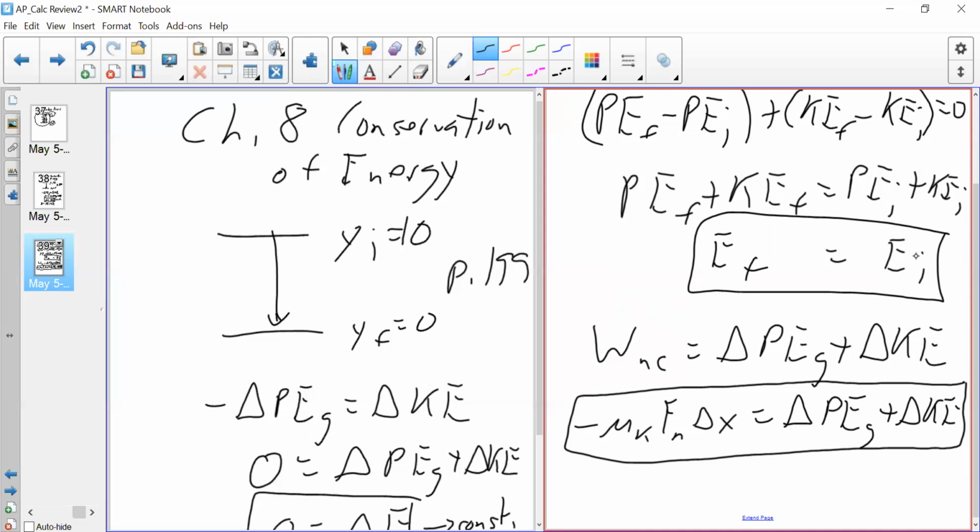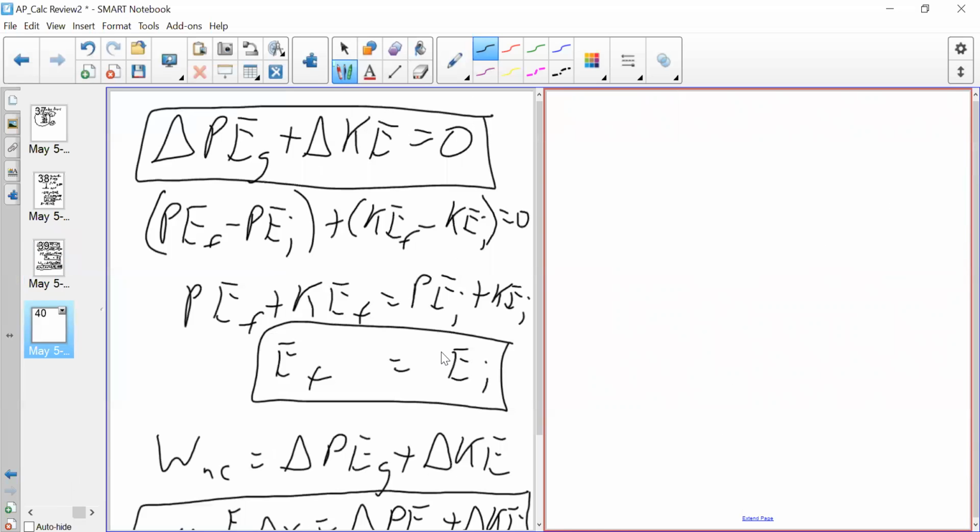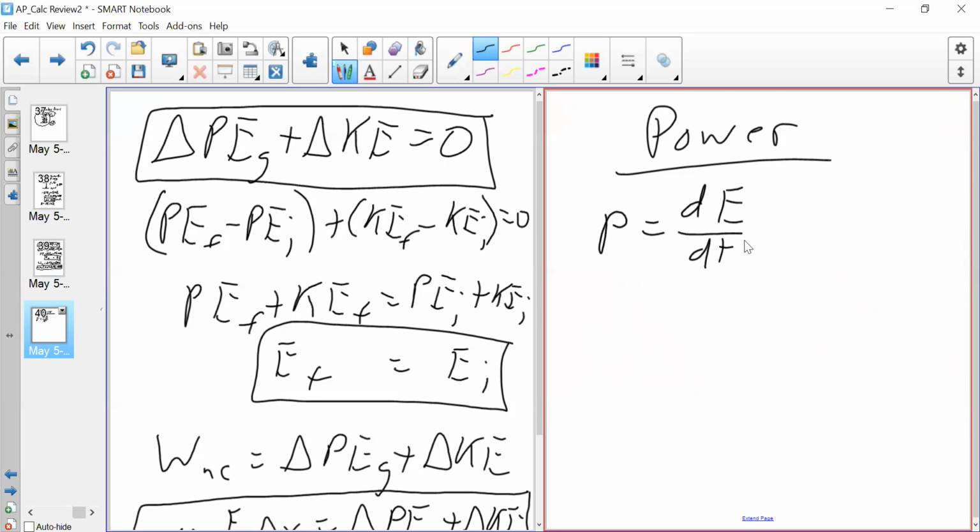And as we wrap up chapter 8, talk about power, which is a rate of change of energy. It's primarily calculus based with dE/dt, which is the same thing as delta E over delta t, for all of you algebra based ones out there, which is basically work divided by t.